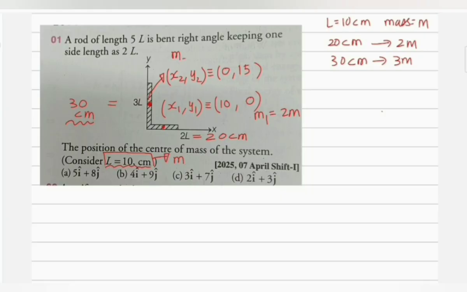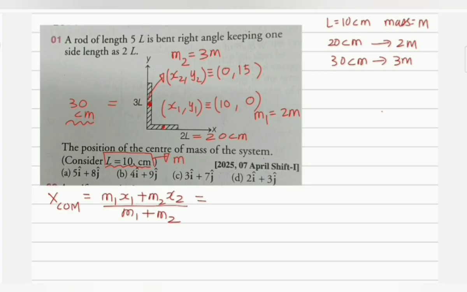What about m2, mass of this vertical rod? Tell me. It will be 3 times m. How you calculate center of mass x coordinate, right? X coordinate center of mass, sir. m1 x1 plus m2 x2, the whole over total mass of the system, m1 plus m2.